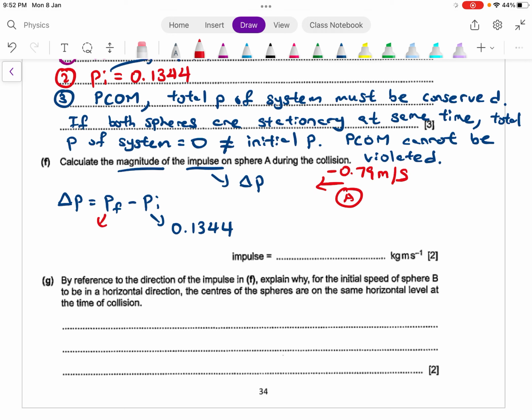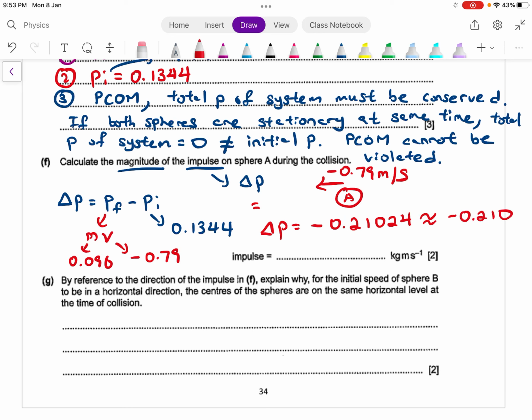Then I just calculate the momentum. The momentum is mass times speed. My mass is 0.096, my velocity is negative 0.79. So as I calculate my change in momentum, overall delta P will be roughly negative 0.21024, rounded off to negative 0.210.